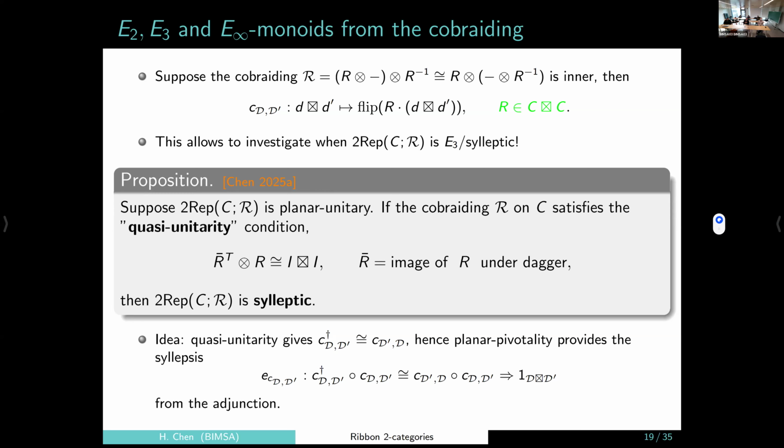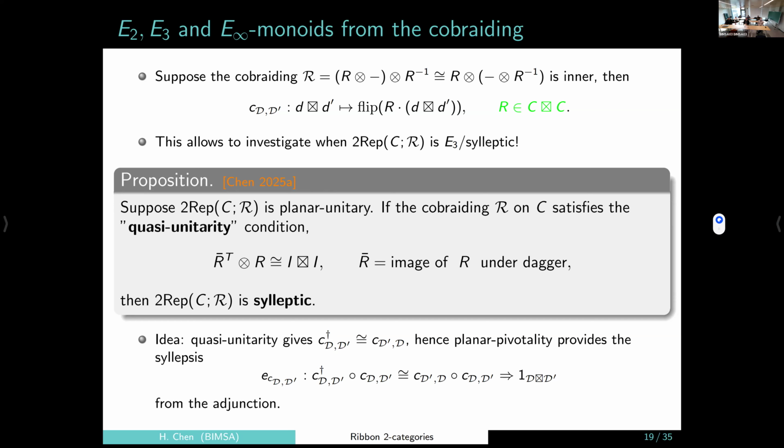And not only that, it also allows me to investigate when the 2-representation 2-category is symplectic or E3, because now you have a 2-category, you can have more levels of monoidality. So you have E1, E2, and E3 before you hit E infinity. So it's a major question of how you can describe symplecticness from this kind of perspective.